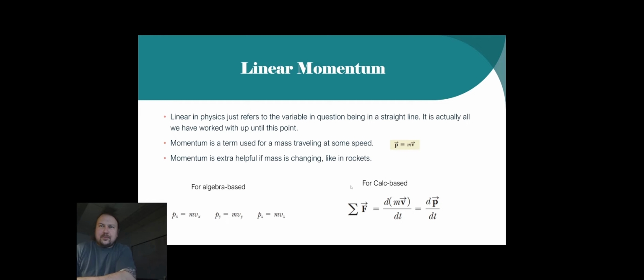If you're in the calculus based, there's a little bit more that's involved in it. If you sum up all the forces, you will have a derivative of this mass times velocity over a derivative of time.